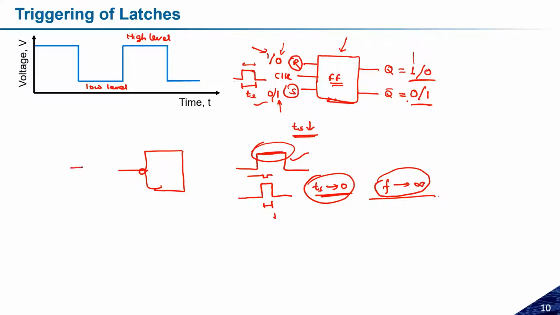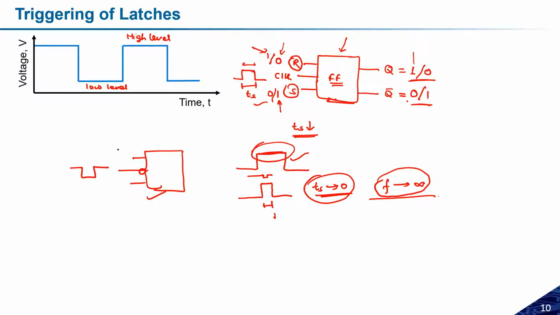So if I have a low logic at the clock, then it will be activated, otherwise it will not be activated. This kind of flip-flop we can call the negative level triggered flip-flop. So in the clock I can have two kinds: one is the positive level triggered and the other is the negative level triggered, a low level triggered.